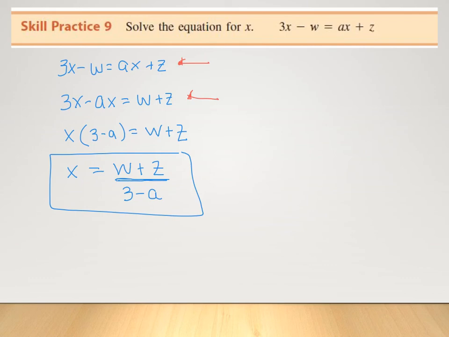And then we used something called the distributive property in reverse, where we took an X out from both terms and we ended up with X times parentheses 3 minus A parentheses closed is equal to W plus Z. Now we divide both sides so we can isolate X on one side of the equation by the expression 3 minus A, and we get the following result.